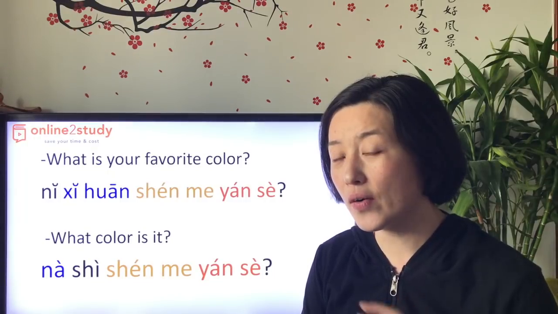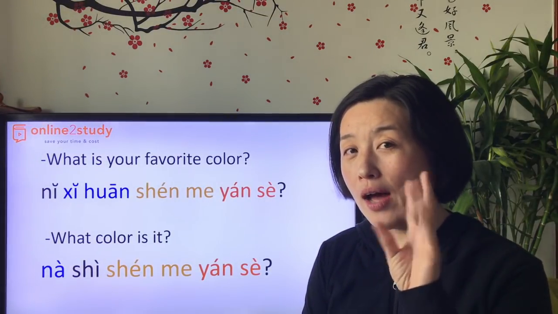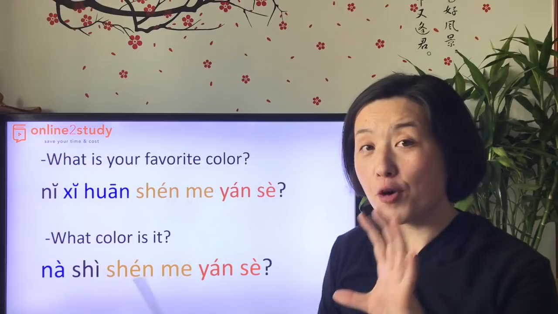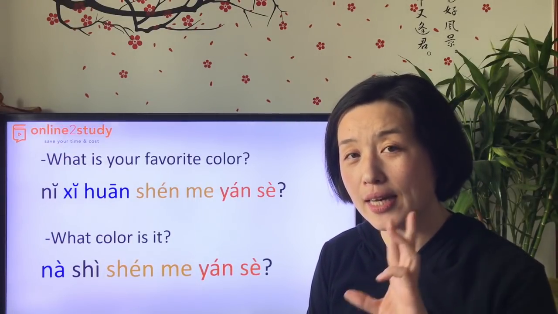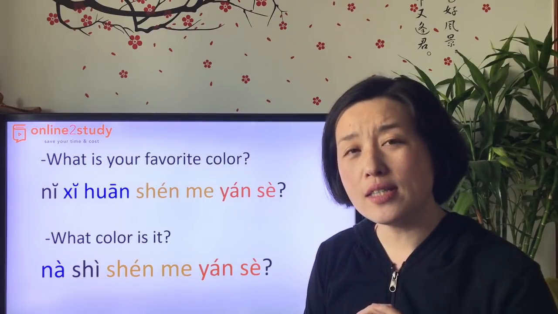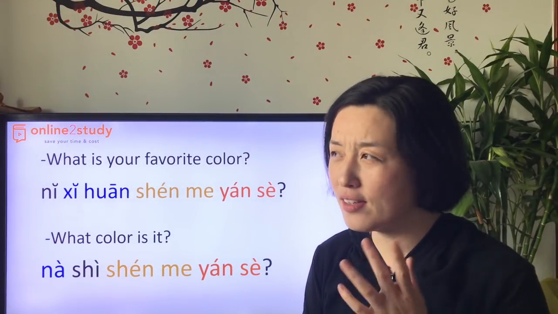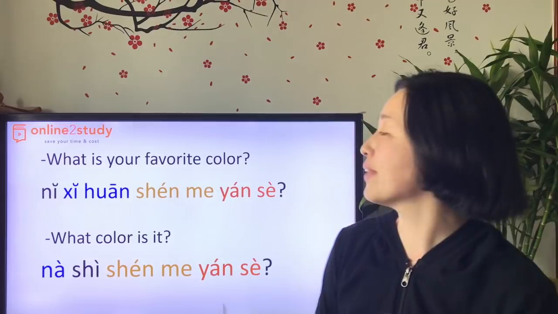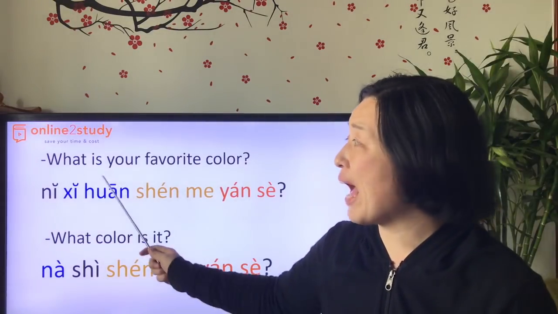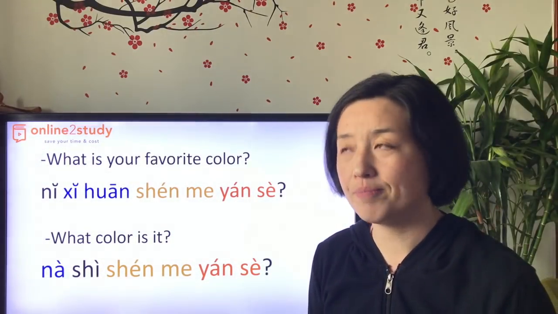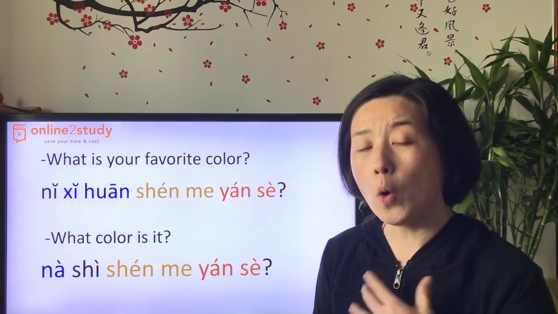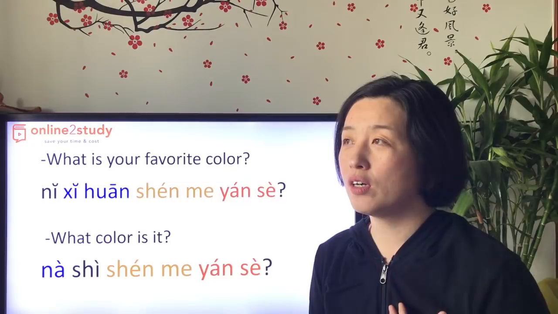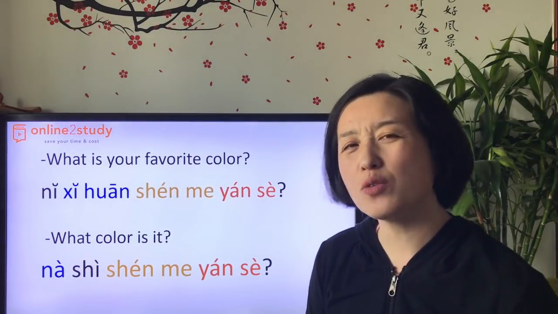See the difference? Okay, I do two times. One more time, I speak very formal. 你喜欢什么颜色. Second, fluent. 你喜欢什么颜色. See the difference? Yes, a little bit.